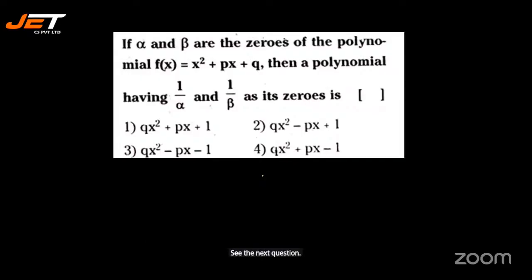See the next question. If alpha and beta are the zeros of the polynomial f of x equal to x squared plus px plus q, then a polynomial having 1 by alpha and 1 by beta as its zeros is dash.